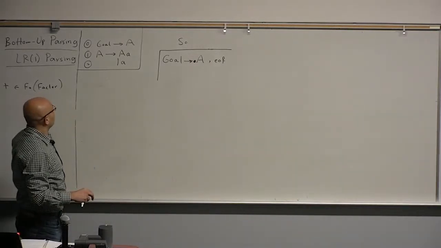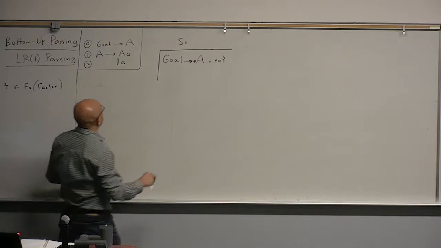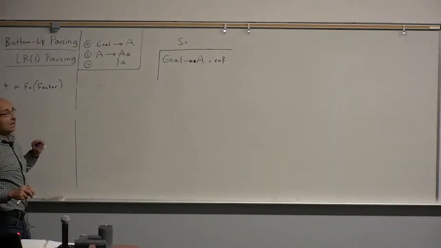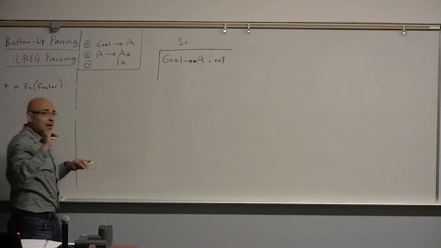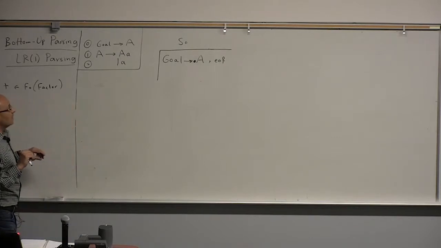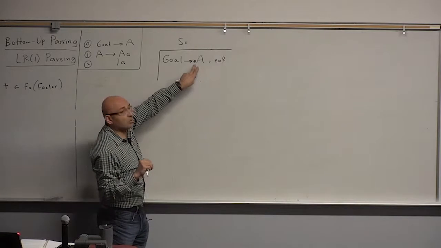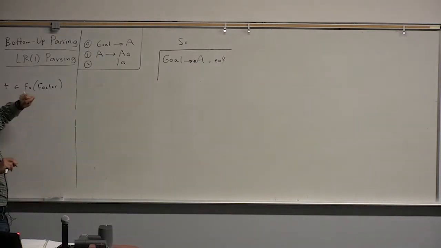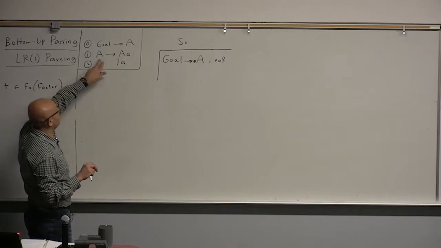Okay. But now, since we are at the beginning of A, we're trying to track our progress in all rules. So we are at the beginning of A, so we look at all the rules that define A, and we put a placeholder at the beginning of each one of them. And here we have two of them.